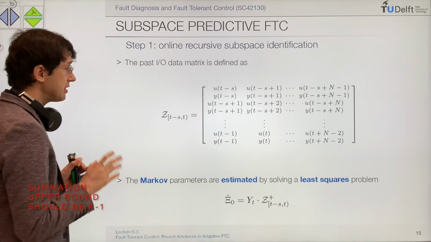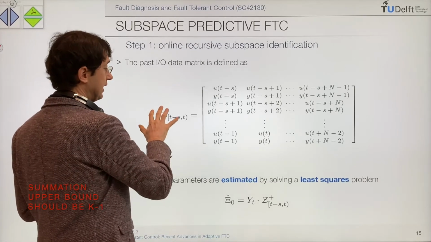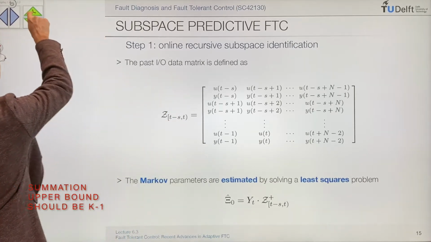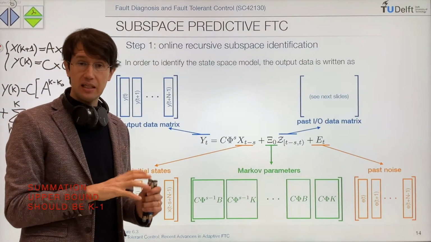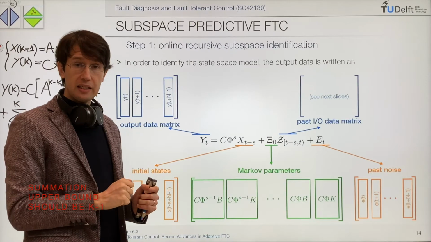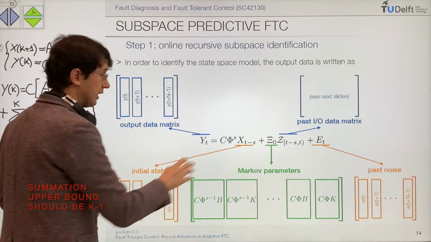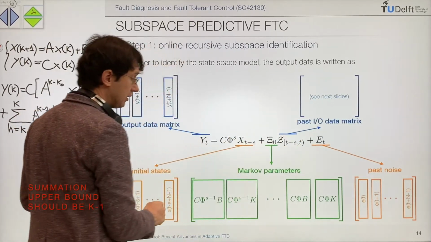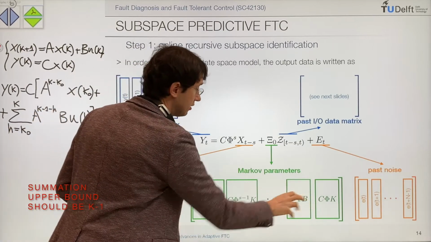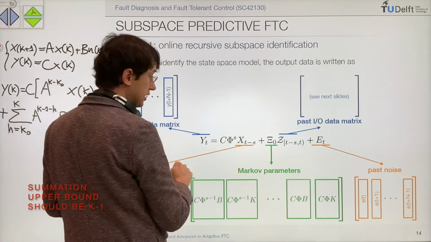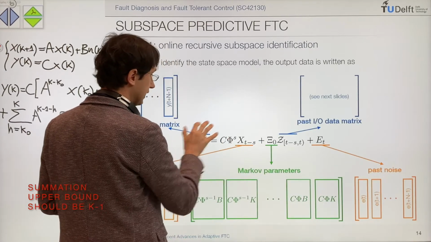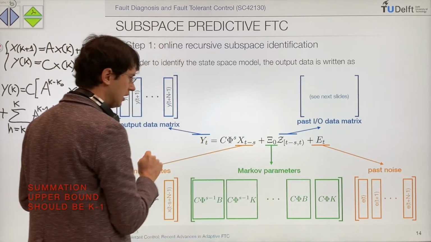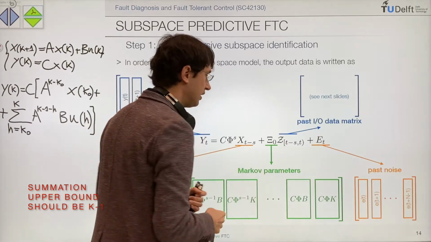Anyway, once we defined the data matrix in this way, what we have here is a linear equation, a linear equation in the data we know and in the parameters that we need to estimate. So you see here we have the term we need to solve for. Here we have the data that we know. And here we have noise.